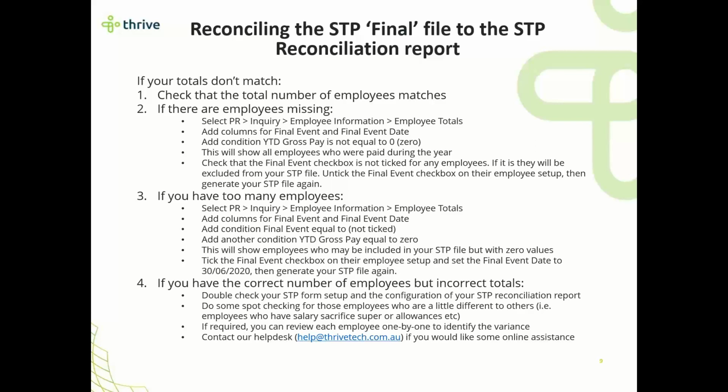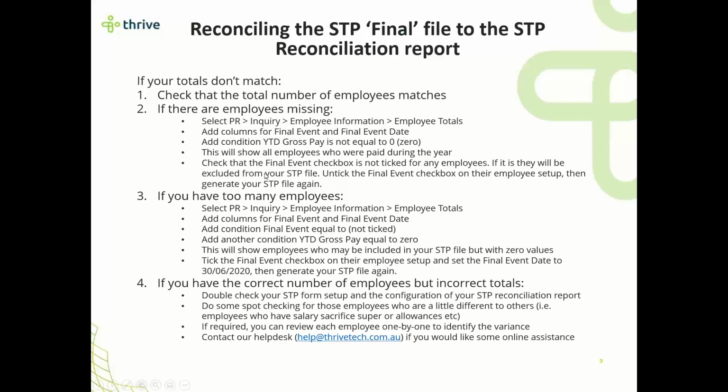So if there are employees missing, I recommend that you use this employee information, employee totals inquiry. It lists all the employees that are set up in payroll. You're going to add a column for final event and then final event date, and then add the condition year-to-date gross pay is not equal to 0. And that way you're going to see all employees who got any sort of payment during the year.